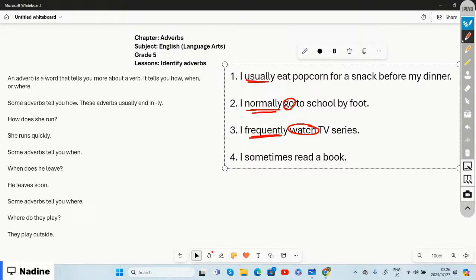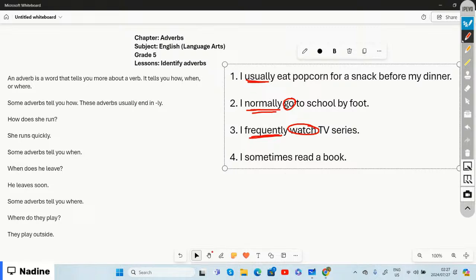Yes, beautiful. Frequently is correct. Well done.